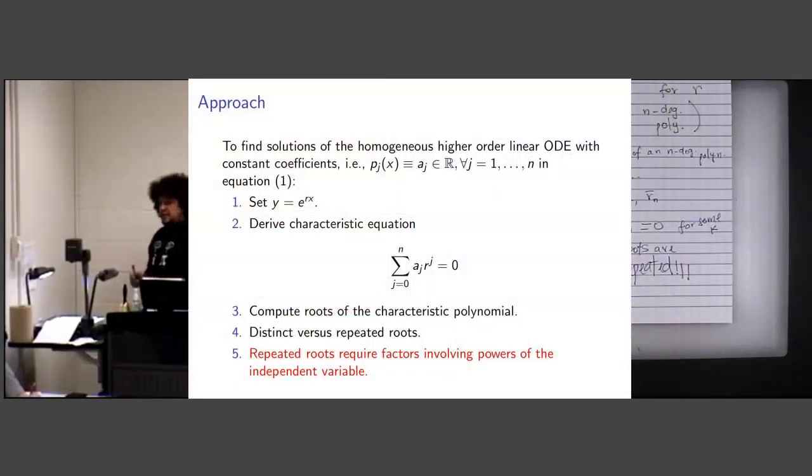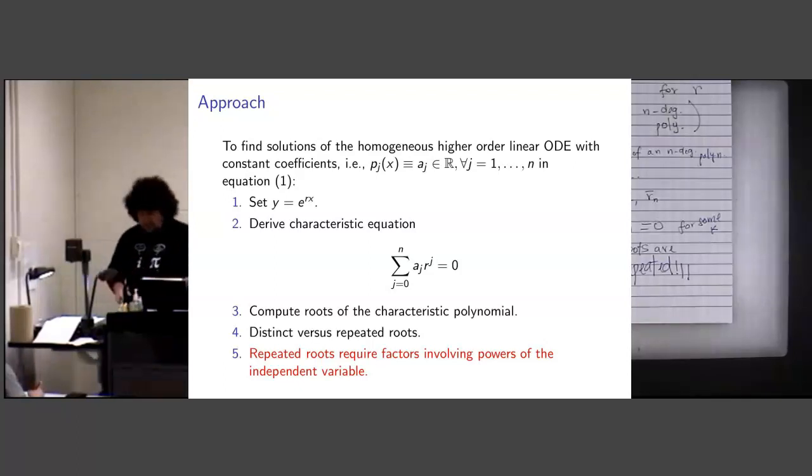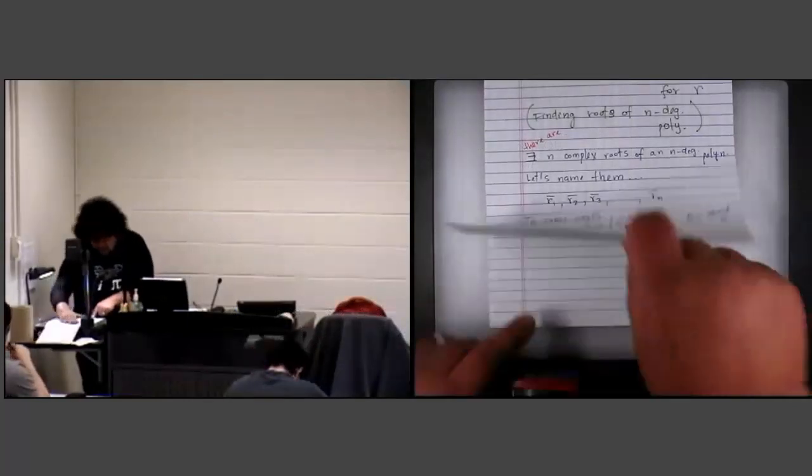We mentioned something about that when we had a polynomial of degree 2. And so sometimes they're repeated. So what then?